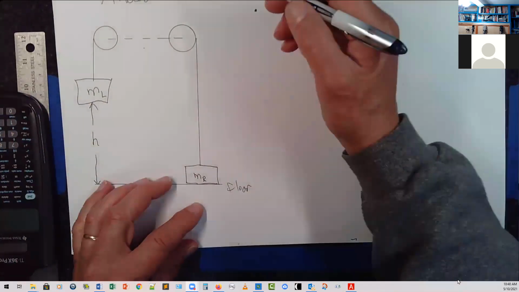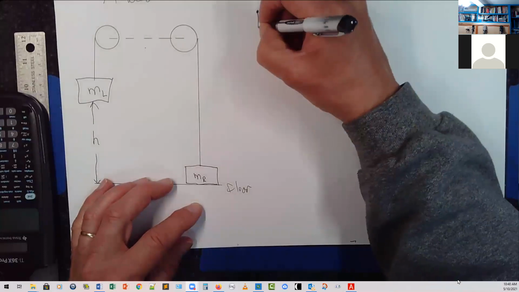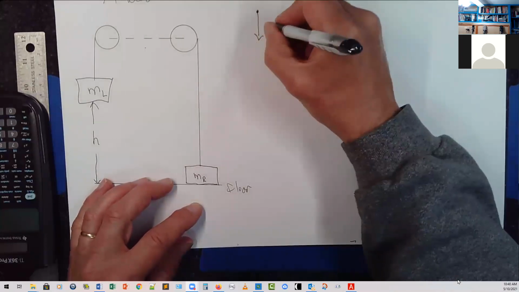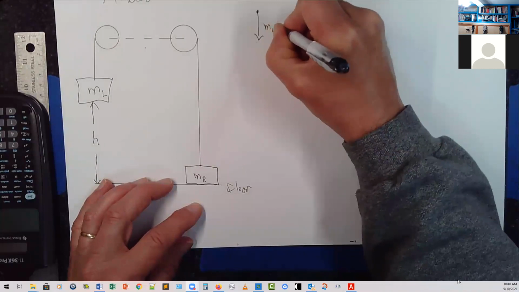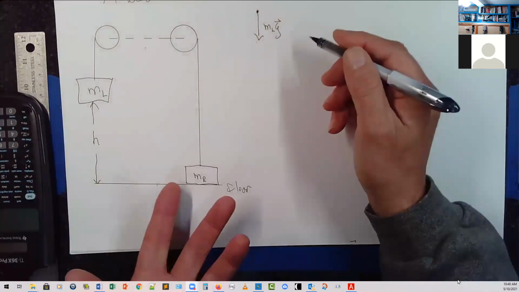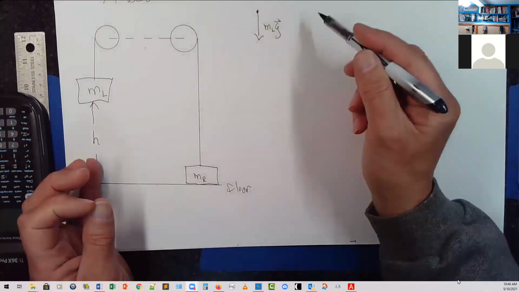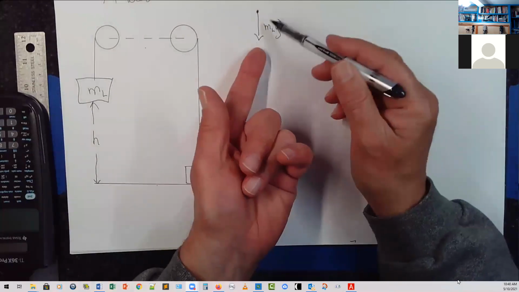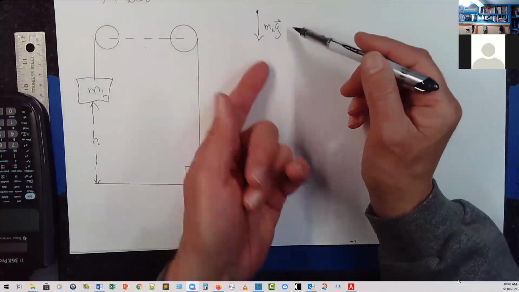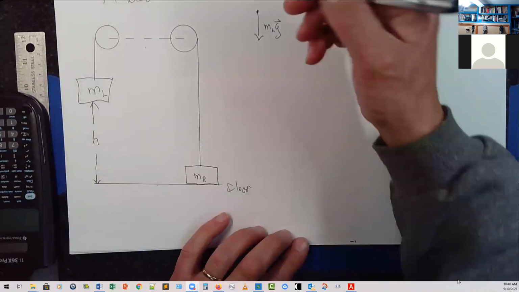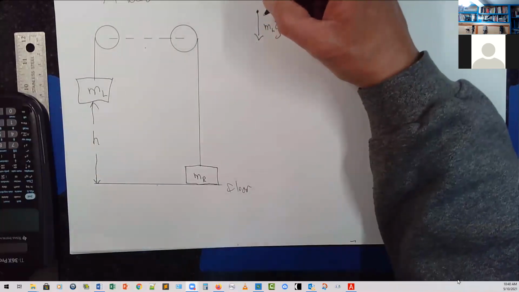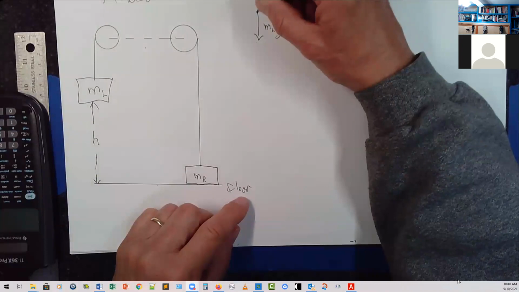For m sub l, one of the forces acting on it will be m sub l g, and that's its weight. As long as we're doing experiments on Earth, we're going to have this force just about every time, probably every time if we're doing Newton's second law problems.